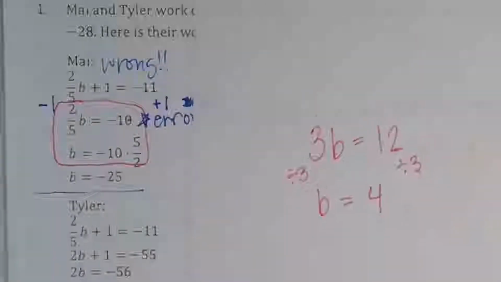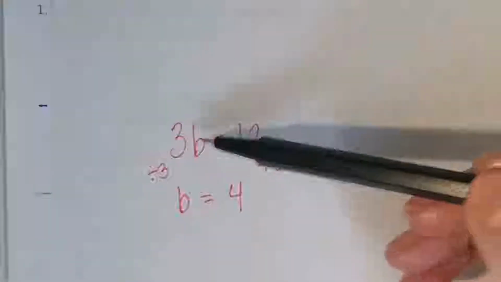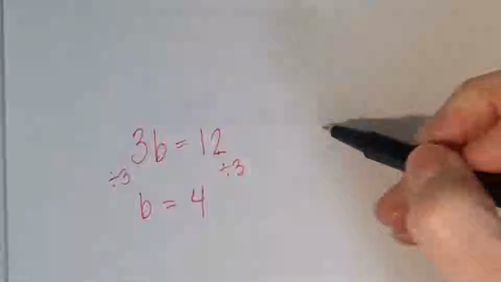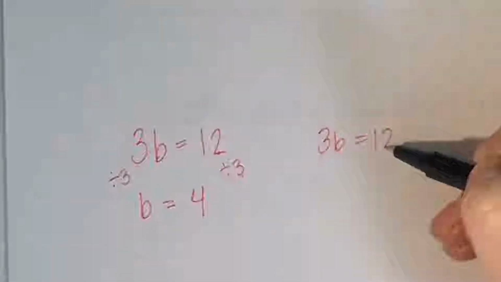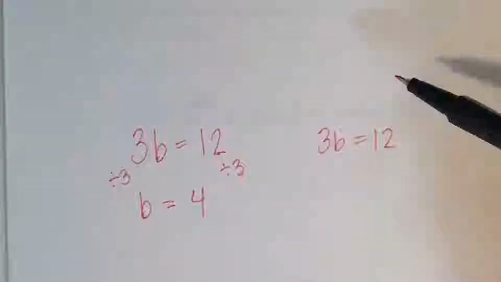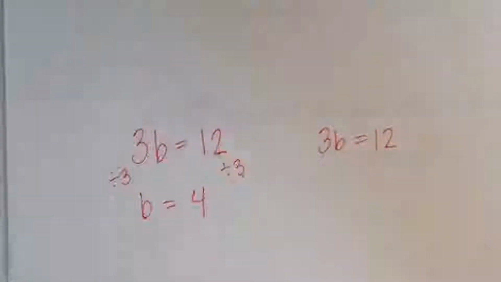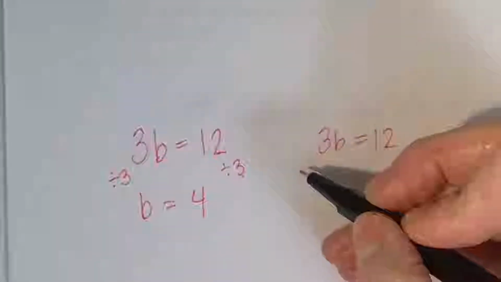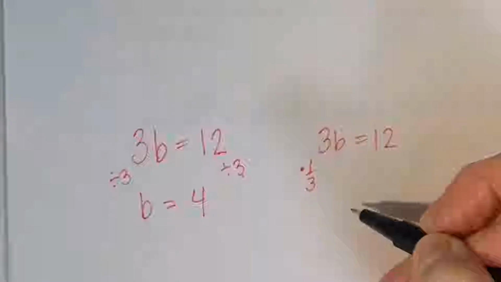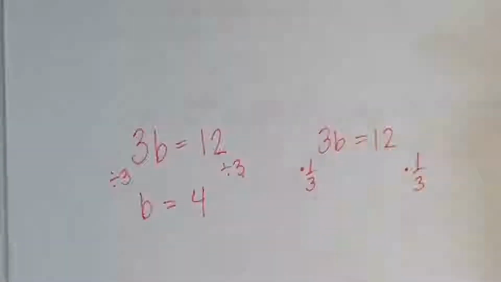Now, if we back up to here, one of the other things that we talked about when we were solving is, I've been saying dividing by 3 is the same as multiplying by what? 1/3. Dividing by 3 is the same as multiplying by 1/3.